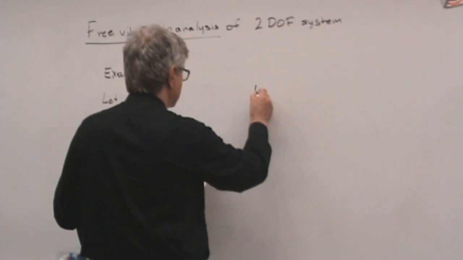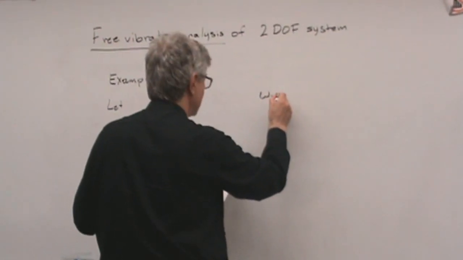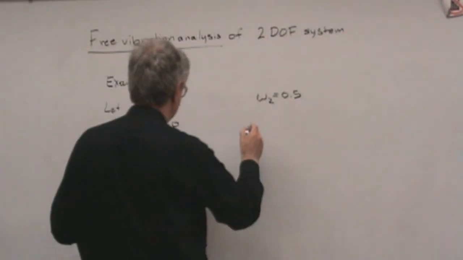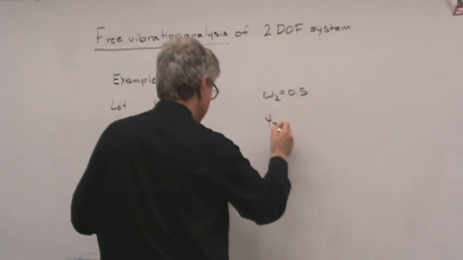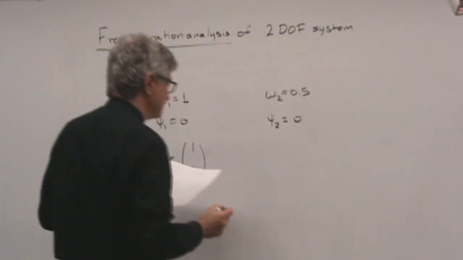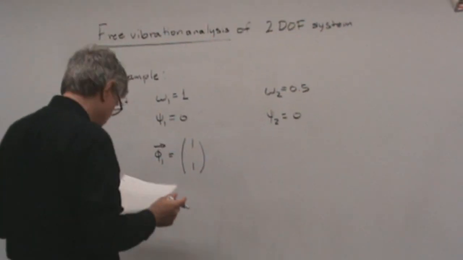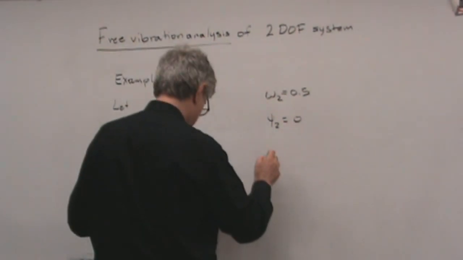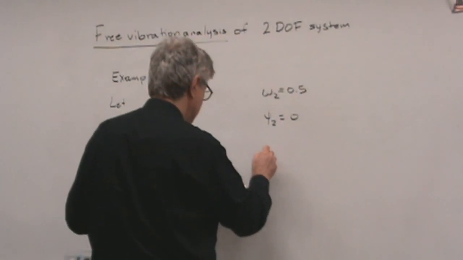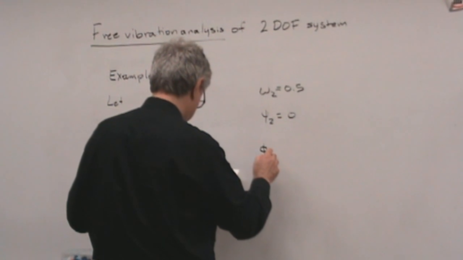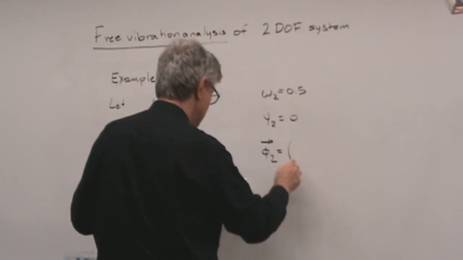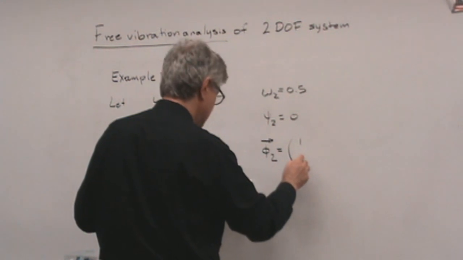The second natural frequency is lower, it's 1/2 radian per second. The second phase angle is 0, and the second mode shape phi 2 is 1, minus 1.